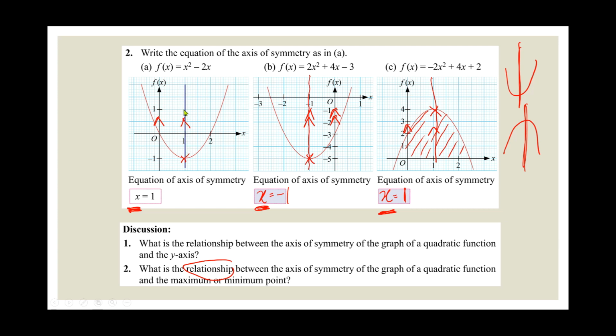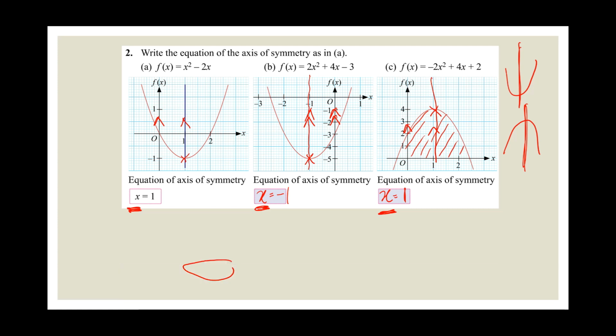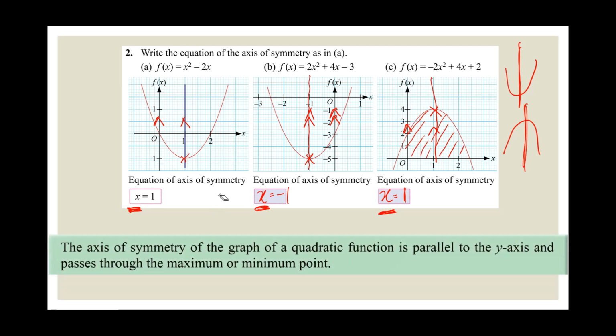Yes, the axis of symmetry over here always passes through the minimum point. You see, it passes through the minimum point, it passes through the minimum point. Okay, so that is two of the relationships that we found out from this activity. So you just remember that the axis of symmetry of the graph of a quadratic function is parallel to the y-axis, the first one that we found out, and it passes through the maximum or minimum point.